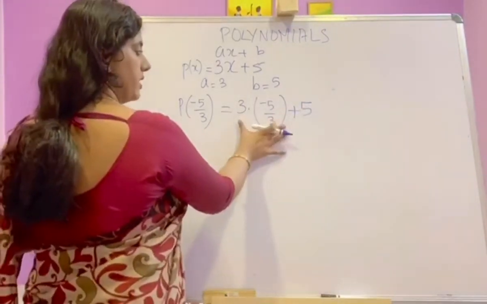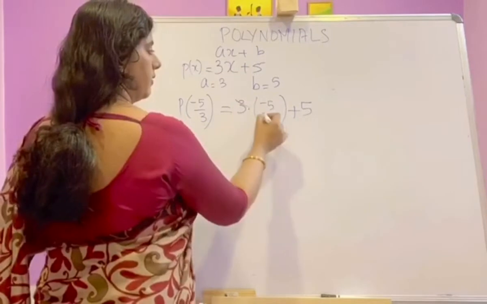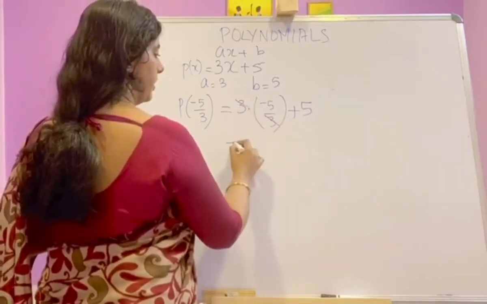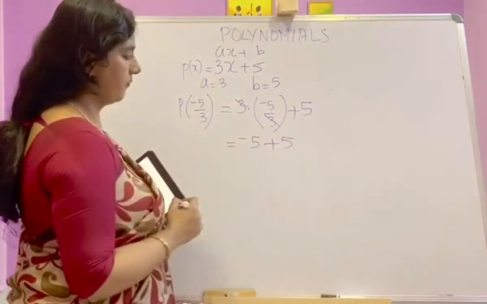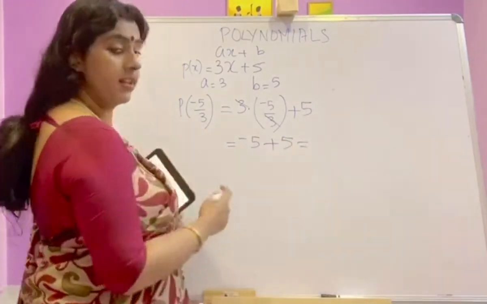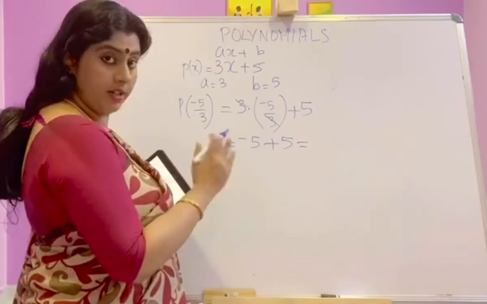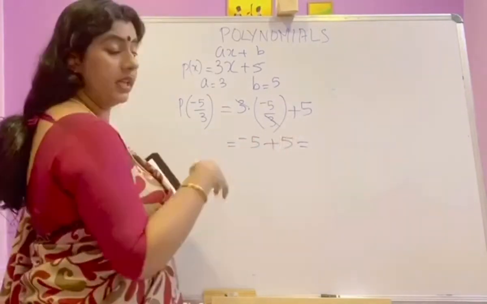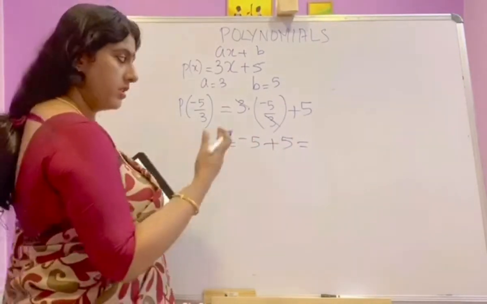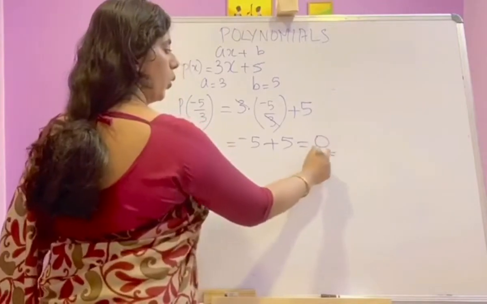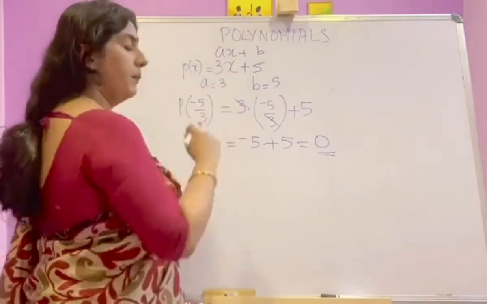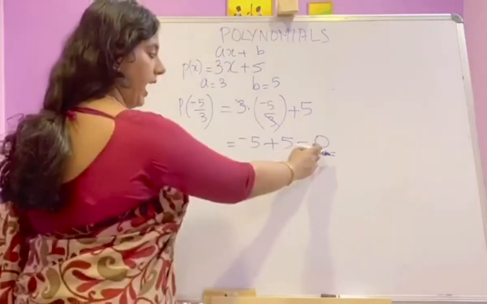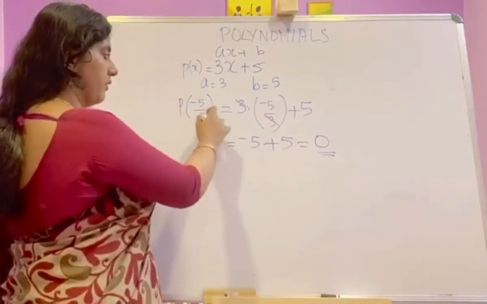Now, this is the first term and this is the second term. In the first term, the 3s cancel. The answer is negative 5 plus 5, which are additive inverses. One is negative and the other is positive. So the answer will be 0. Yes, this is the zero of this given polynomial, because we got the answer 0 when we substituted this value.